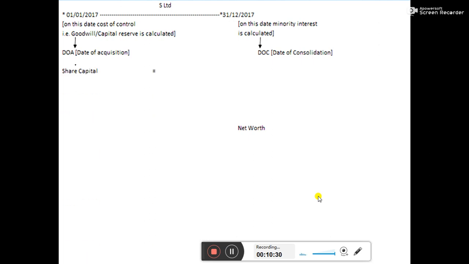we require share capital. So share capital of S Limited as on 1st January 2017 is 2 lakh, which is given in the problem. General reserve is 30,000, which is given in the problem. Profit and loss account debit balance means that on 1st January 2017, S Limited was having a loss of rupees 4,000. And to this we will add revaluation loss.